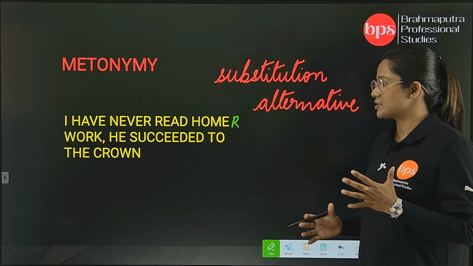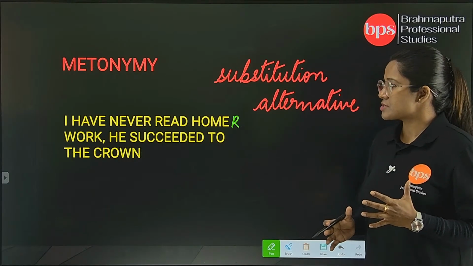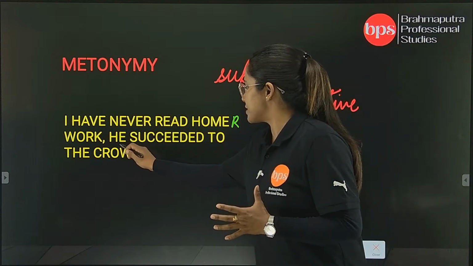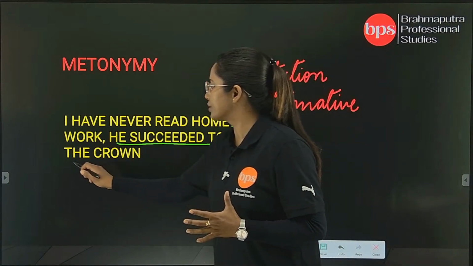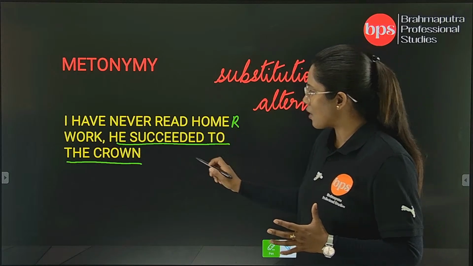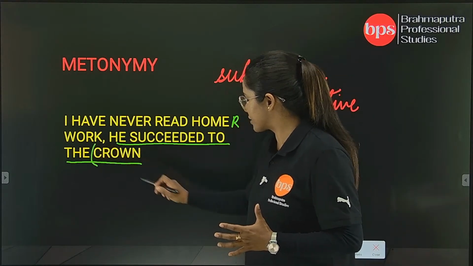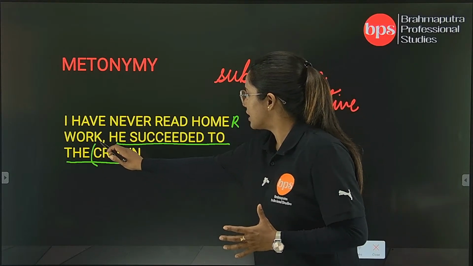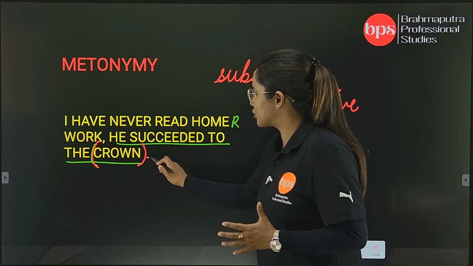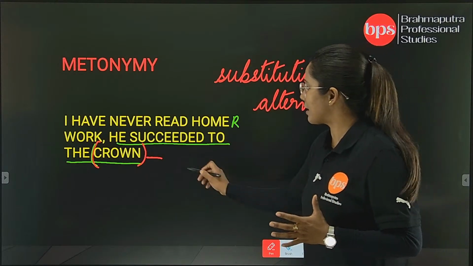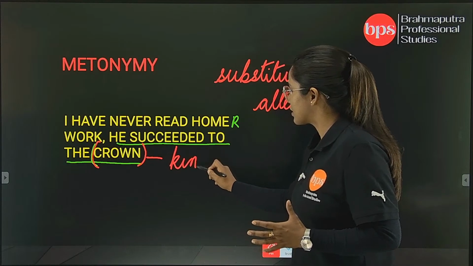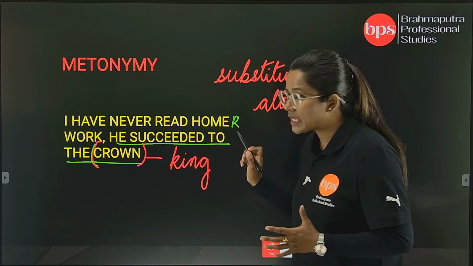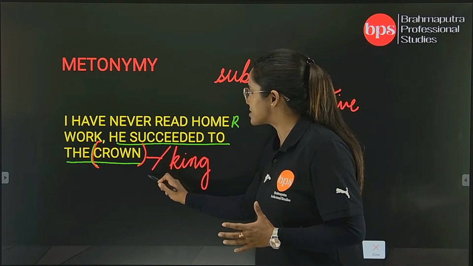He succeeded to the crown. Now see, here the reference is he succeeded to the crown. The word crown is actually referring to becoming the king. But in place of king, the word crown is used.